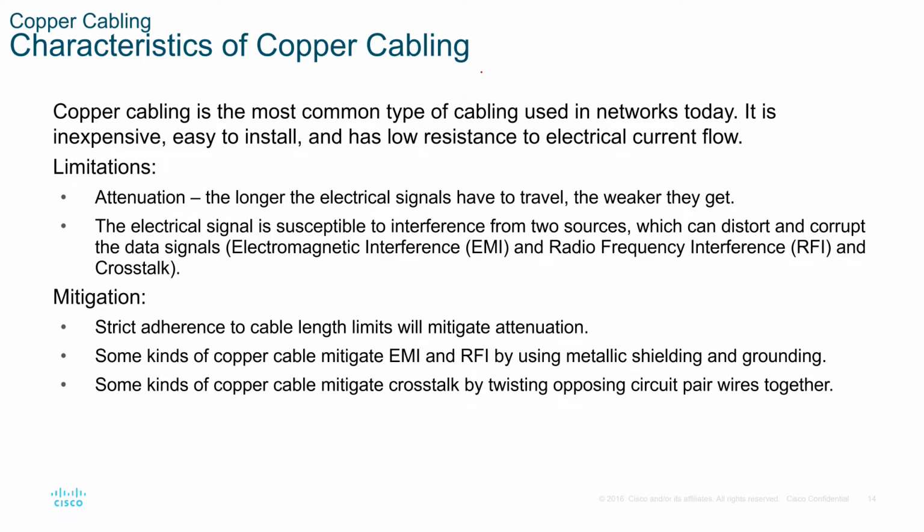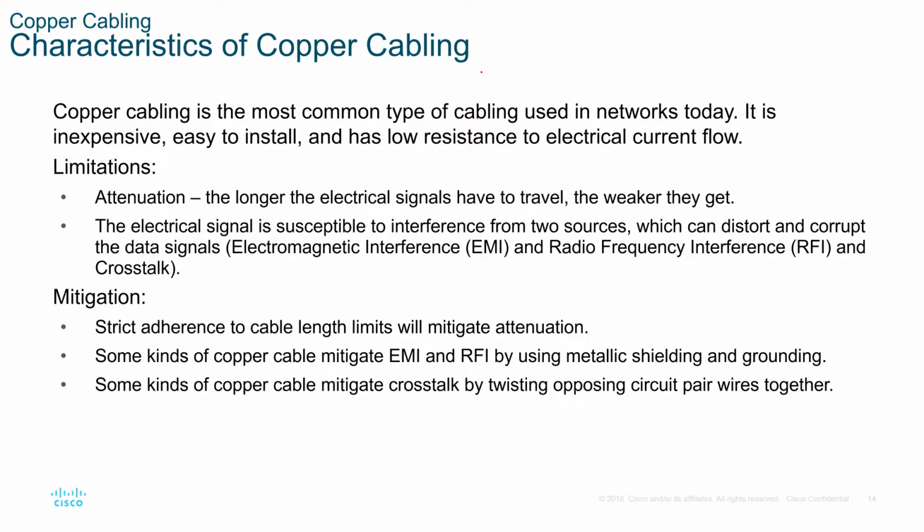Copper cabling, which is the most common form of cabling at the physical layer, is very inexpensive, it's easy to install, and has low resistance to electrical current flow. We do have attenuation.